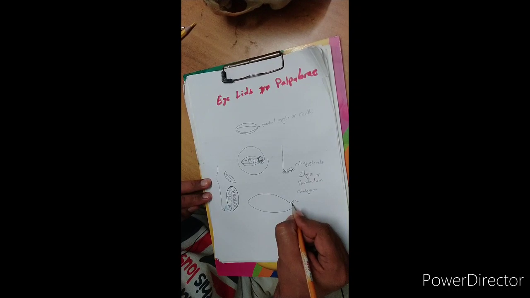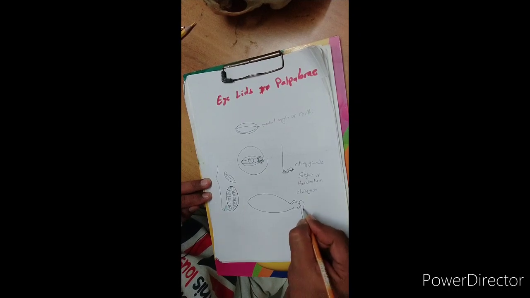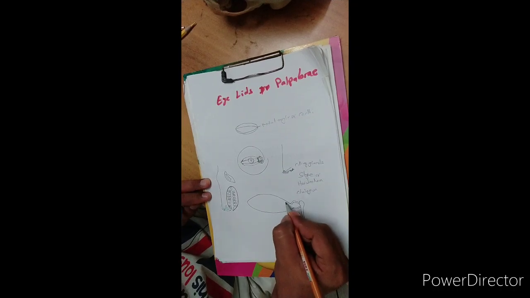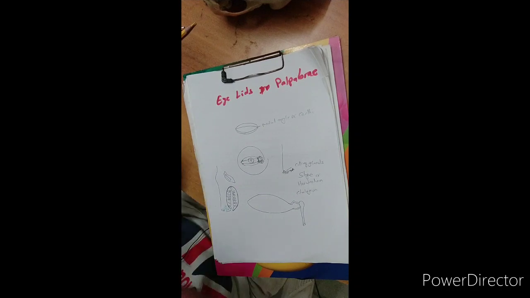These are the lacrimal canaliculi. Here is the lacrimal sac, and the nasolacrimal duct here.